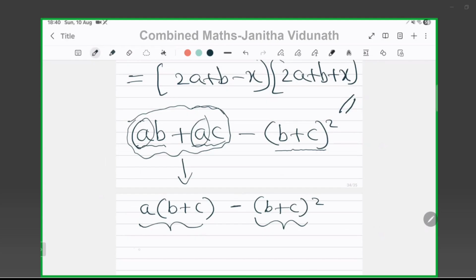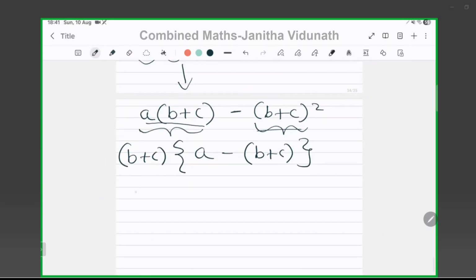Then we can take out the factor b plus c. Then a is remaining from the first term, and b plus c is remaining from the second term. Then we simplify to (b plus c) times (a minus (b plus c)). Then we can remove the bracket by multiplying by the minus sign. So (b plus c) times (a minus b minus c) is the final answer.